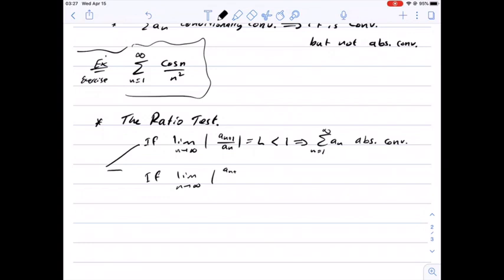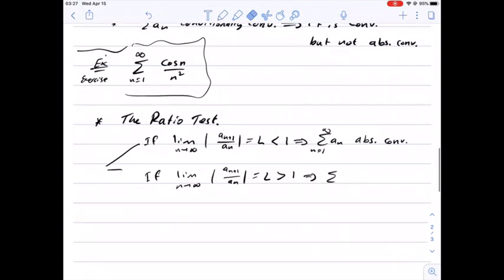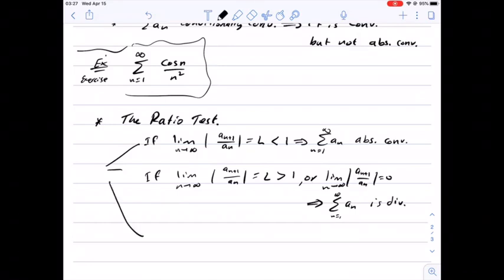Now if the limit as n goes to infinity of a_(n+1) over a_n is equal to L greater than 1, or if the limit is infinity, then the series is divergent.